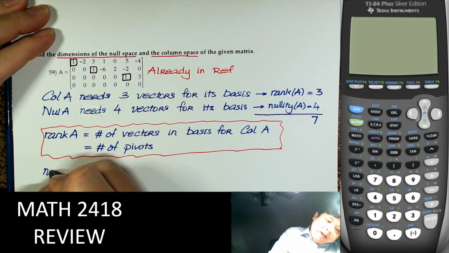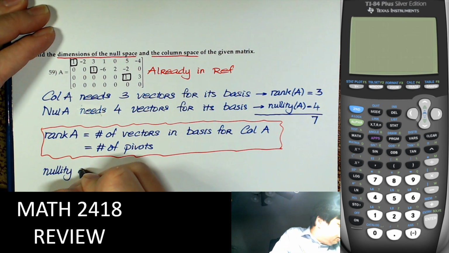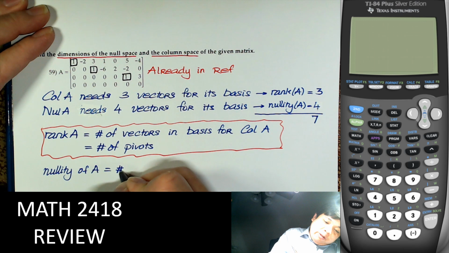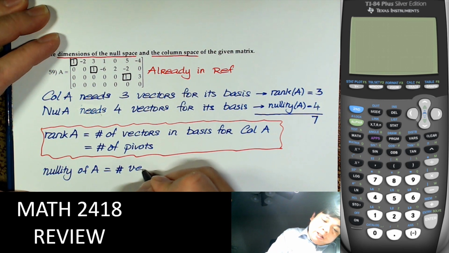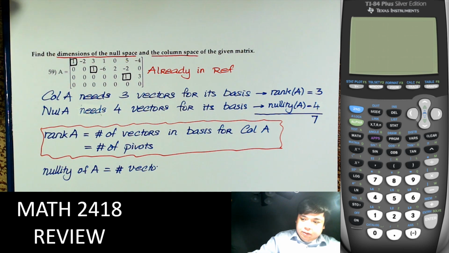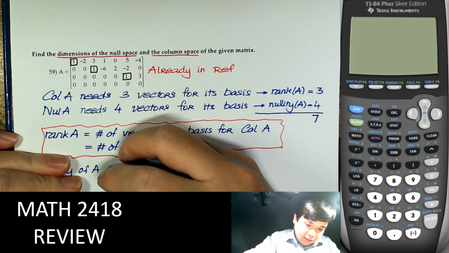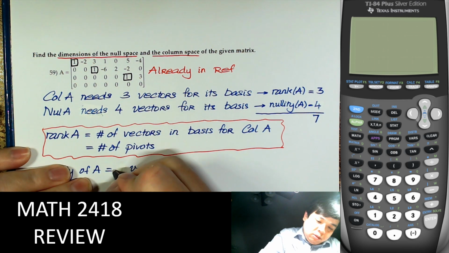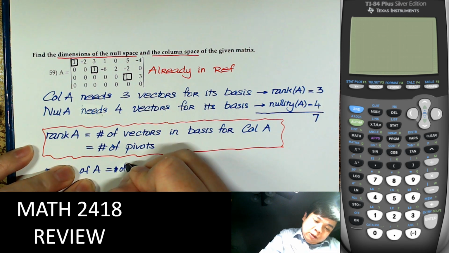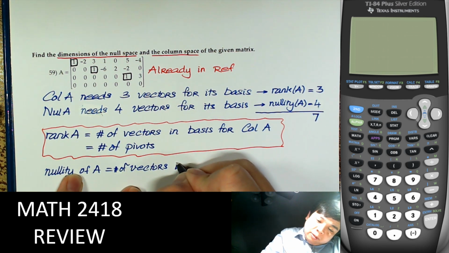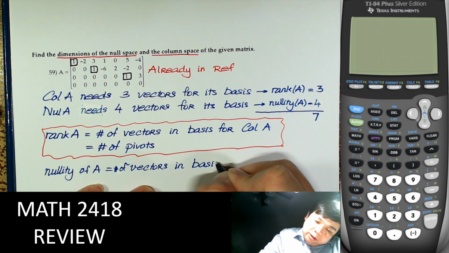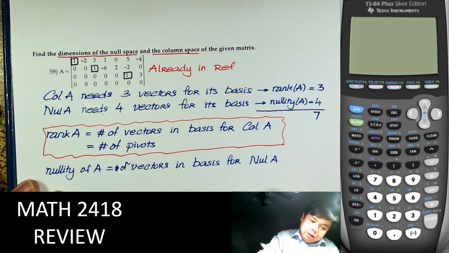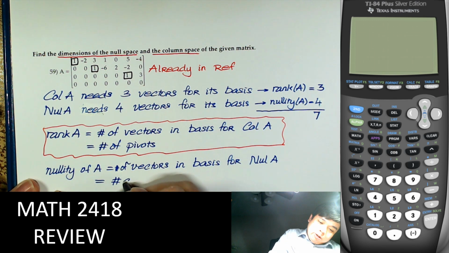Right, next, the nullity of A is equal to the number of vectors in the basis for the null space of A, which is equal to the number of free variables.